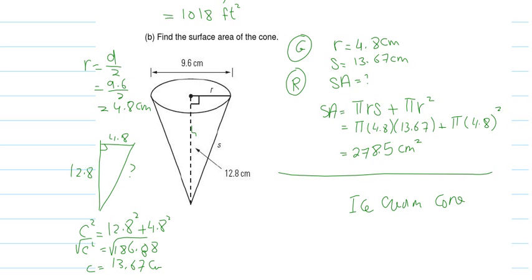Think about it this way: an ice cream cone doesn't have a lid, otherwise they can't put the ice cream in it. So it doesn't have that circle. I'm only finding the surface area of the actual cone, the lateral surface. So we're only going to find this, not this. Yep. Make sense?